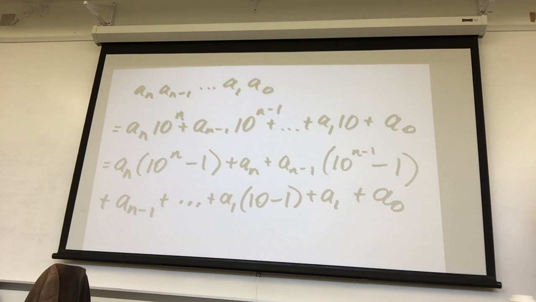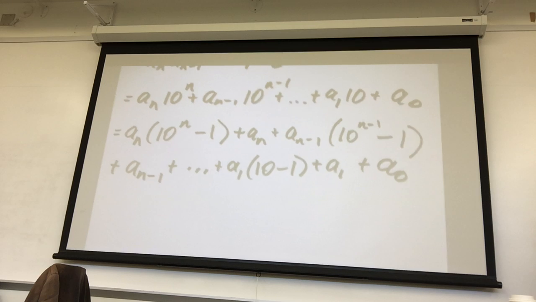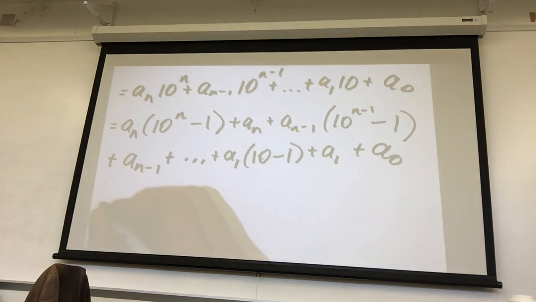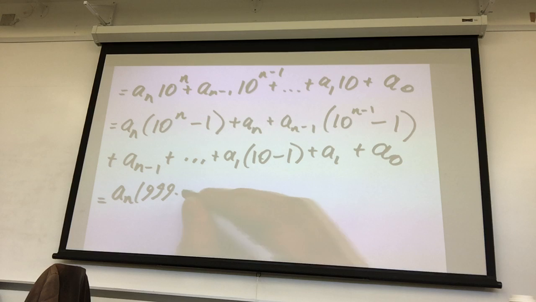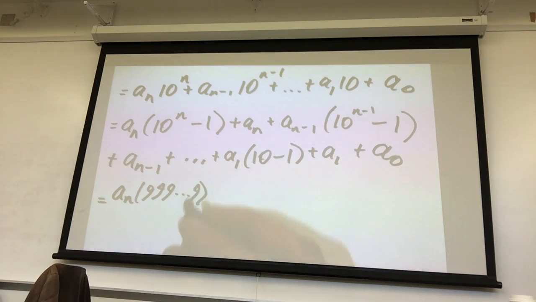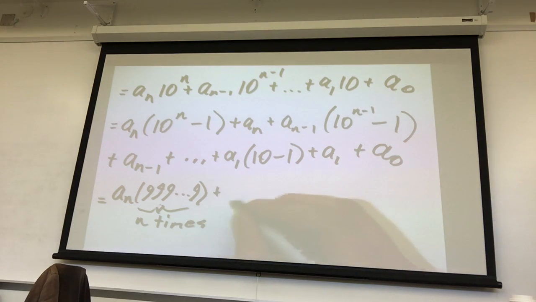So, another way to write this, 10 to the n minus 1 would be a sub n, and then 9, 9, 9, n times, plus, you know what, I'm going to leave off the next one, and we'll just write it like this.